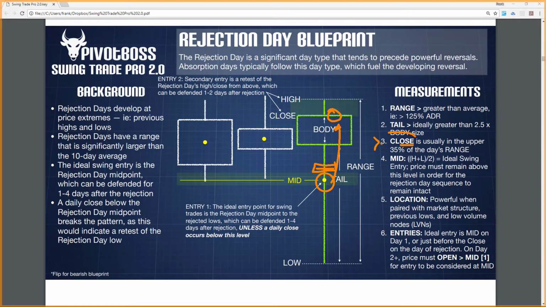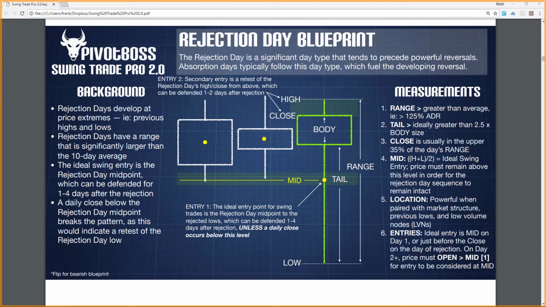So typically speaking, again, the close needs to be in the upper 35% of the day's range. And if the close closes above the previous session's midpoint, that's a bonus. That tells you that market is even stronger than at first suspected. So a major turnaround from these lows, and to close back above the previous mid, very, very bullish.